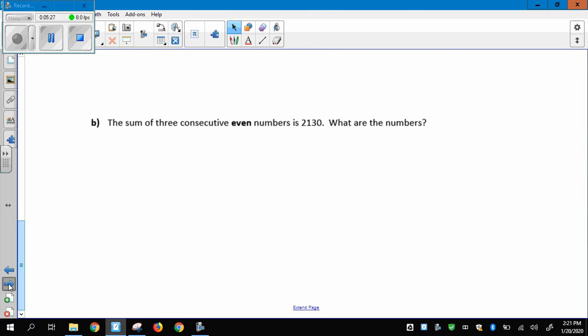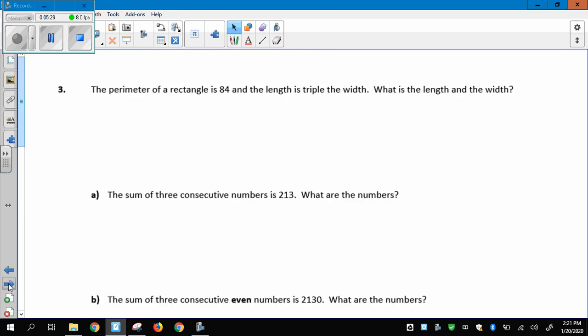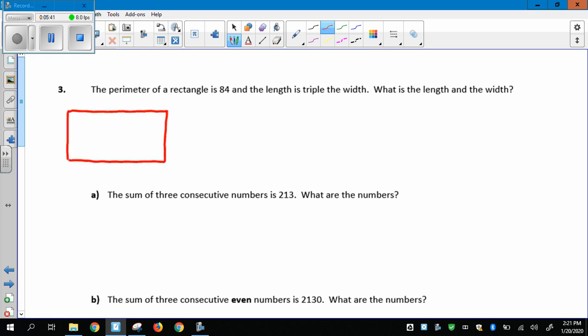The next problem we're going to do has to do with the perimeter of a rectangle. Whenever I get a problem that deals with geometry, I like to draw myself a little sketch. Now I know that perimeter means I'm going to add up all the sides. And the perimeter is 84. To get that, I need to add all 4 sides up.